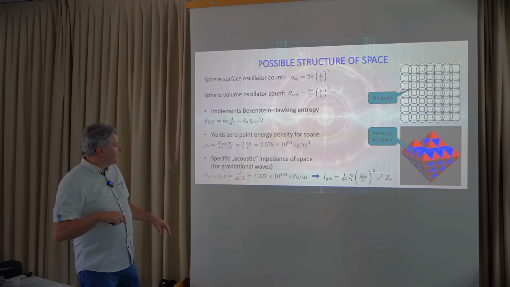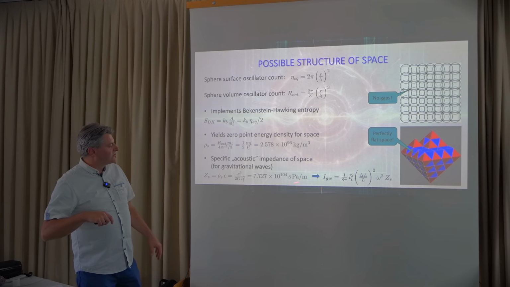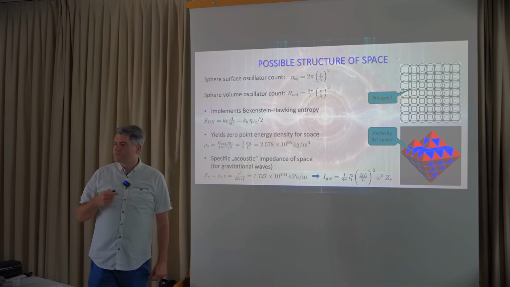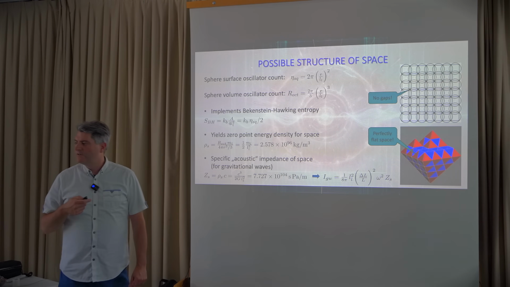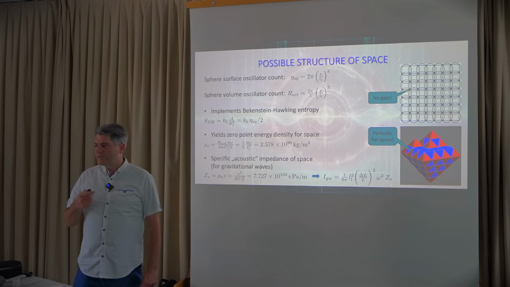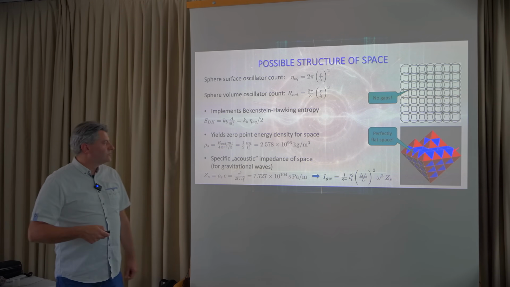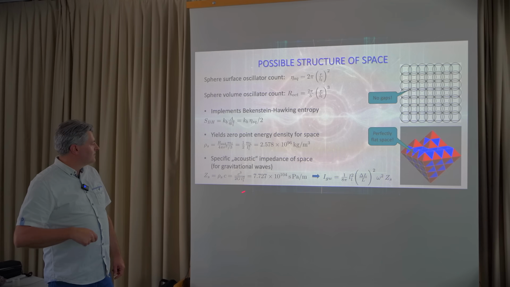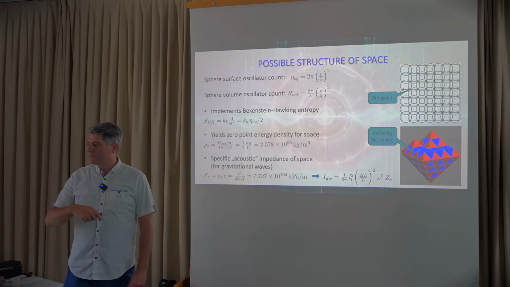But this way has the advantage that these are actually the units that are usually used to describe an acoustic impedance. And this is the equation for the intensity of a planar gravitational wave. And this is the form that is adapted to describing the acoustic impedance with this unit.